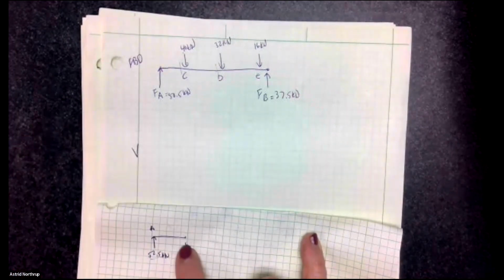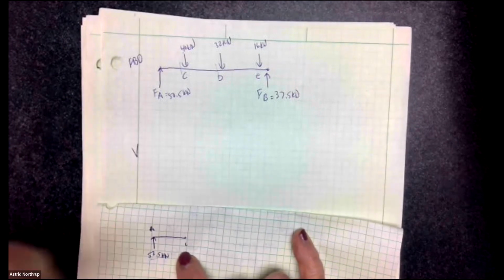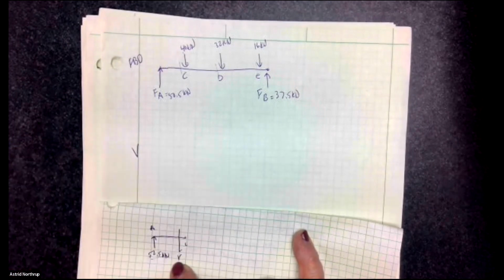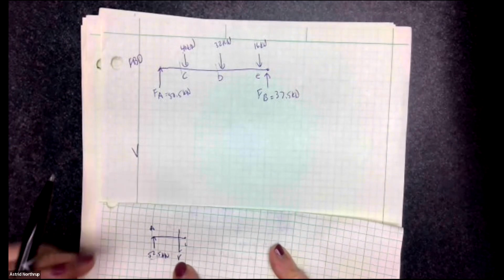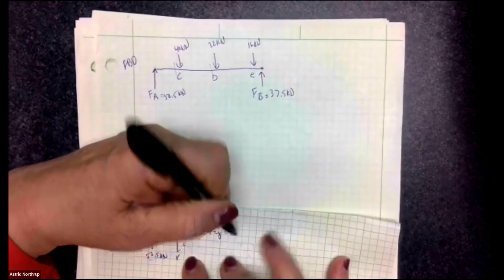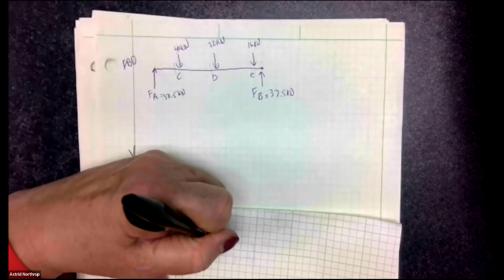Now, if you cut away this way, if you start on the left and work to the right, the sign convention that will give you the proper answers is to use V acting downward. You can put V acting upward, it's just that it gets a little bit strange in terms of the sign convention because you get into negative negatives. So if you use this, you can then say the summation of forces in the y direction equals 0. This is positive, 50.5 kilonewtons.